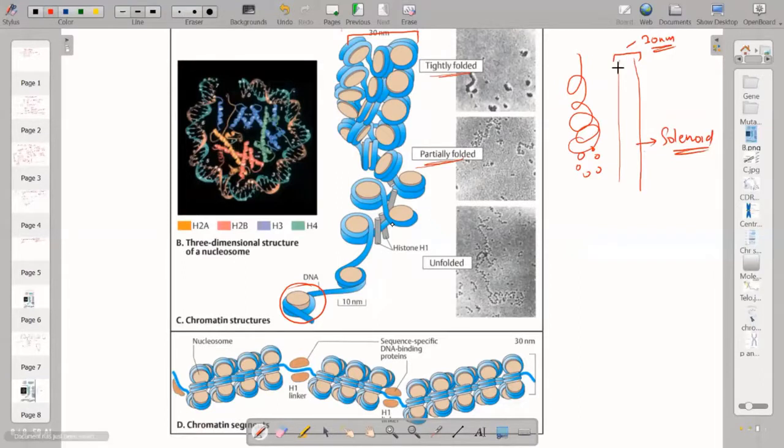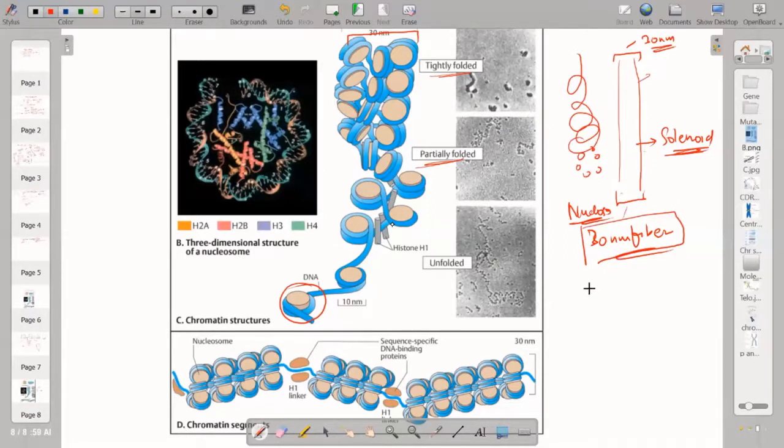And since it has 30 nanometers diameter, it is aptly referred to as 30 nanometer fiber. So first you see the formation of nucleosomes, and these nucleosomes are arranged in a solenoid fashion. After arranging in a solenoid or rod fashion, the diameter of the solenoid is around 30 nanometers. That's the reason we call this 30 nanometer fiber.